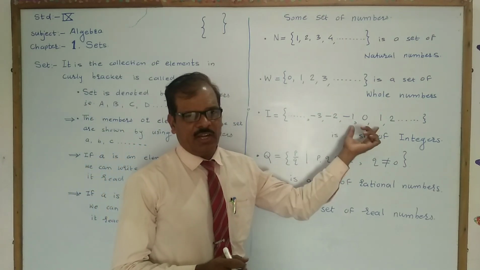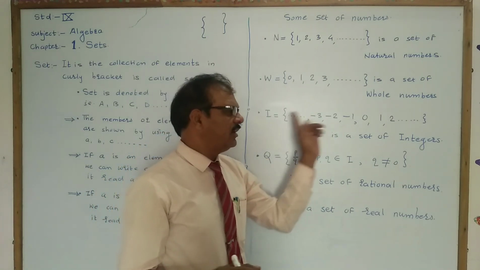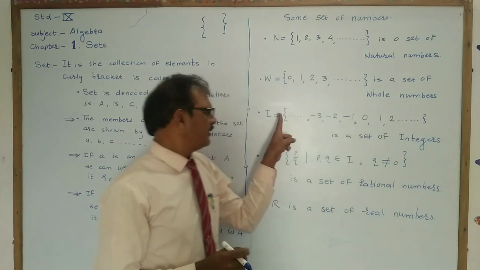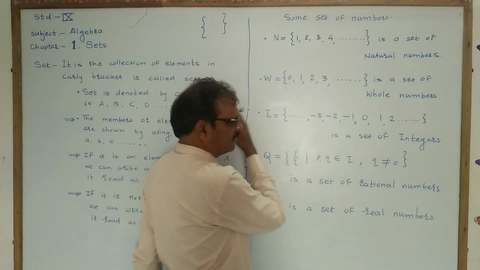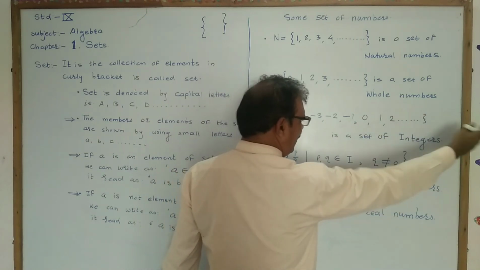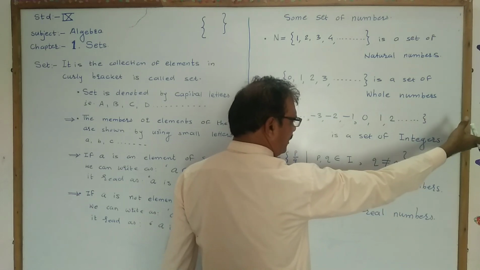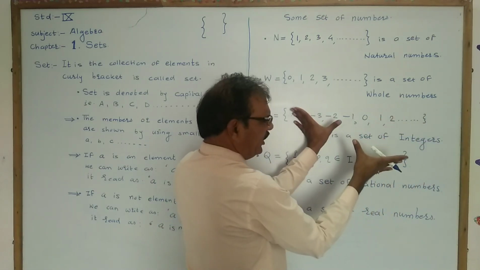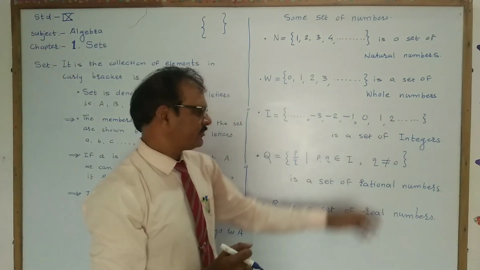Write these positive and negative numbers in curly brackets to form a set; it is called the integer set. I is equal to dots, then many negative numbers on the left side, then 0, and on the right-hand side 1, 2, 3, the positive numbers. So positive numbers, negative numbers, with 0, are the integers.